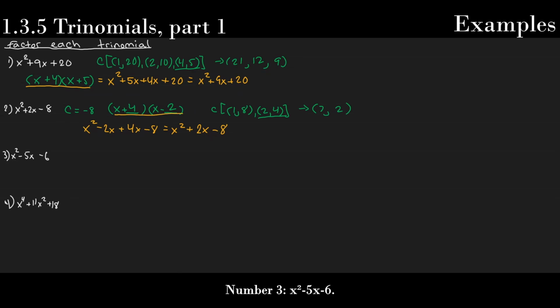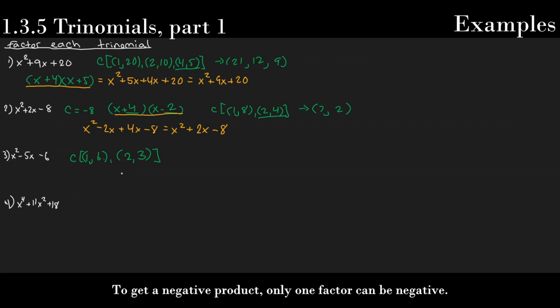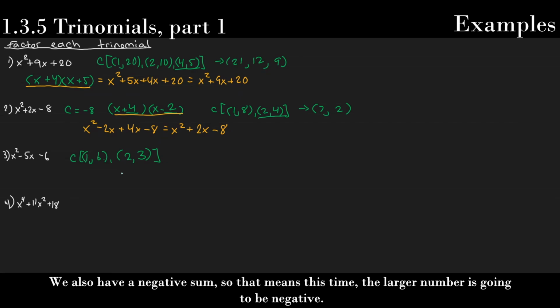Number 3, x squared minus 5x minus 6. We now have two negative coefficients. Just follow the same procedure. The factors of c are 1, 6, and 2, 3. Let's think about the logic now. To get a negative product, only one factor can be negative. We also have a negative sum, so that means this time the larger number is going to be negative.